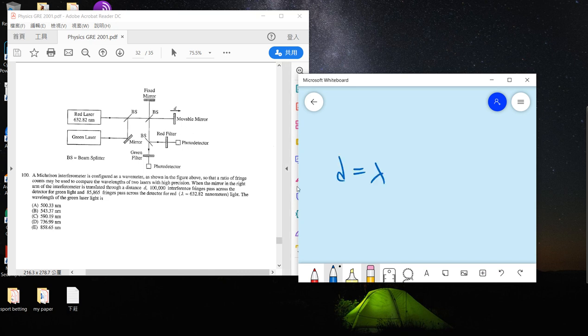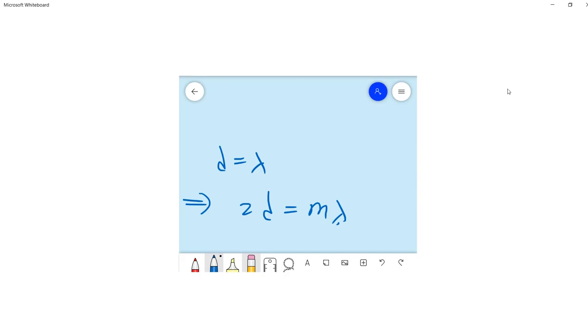This is the standard result. So the change is 2d, because you travel d and go back. So 2d equals m times lambda.